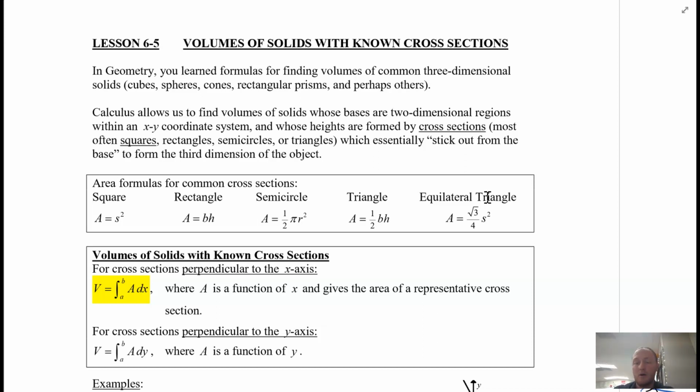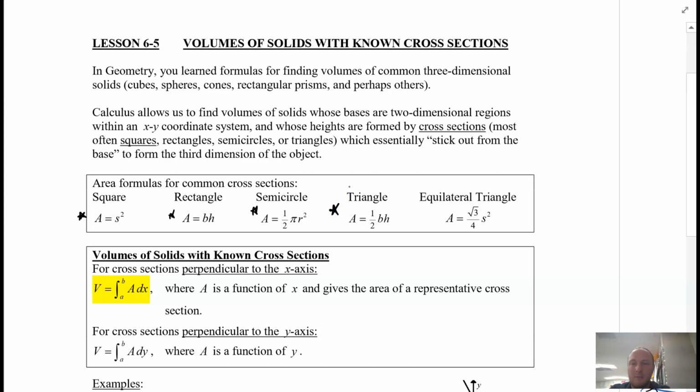If you are going to utilize these on the AP exam, they don't give you these formulas, so this is stuff you're going to have to put into your brain. The most common ones would be a square or a rectangle, base times height. A semicircle is just half of a circle, so pi r squared cut in half. And a triangle you should be familiar with.